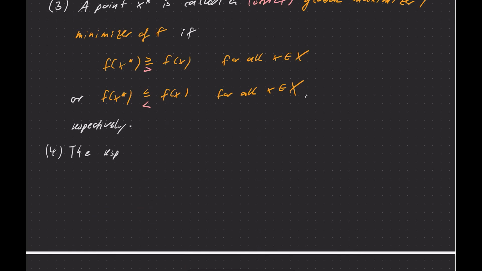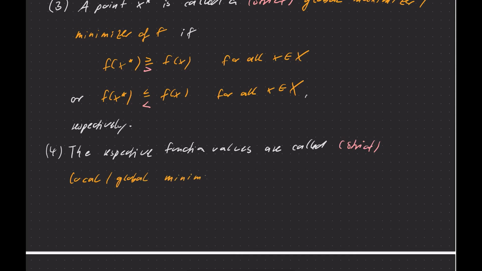Okay, so the respective function values are called a possibly strict local or global minimum or maximum of the function f.